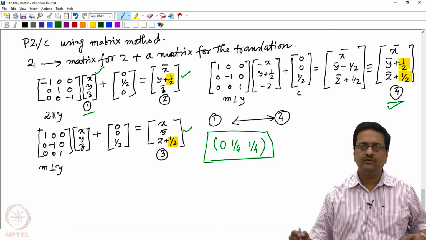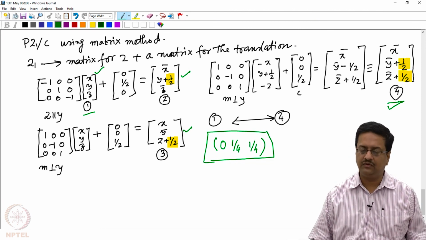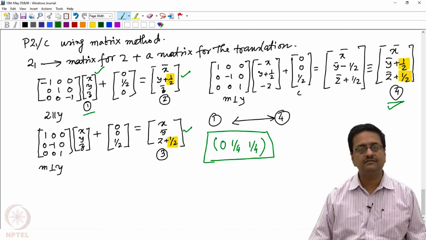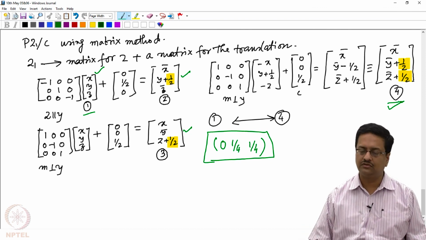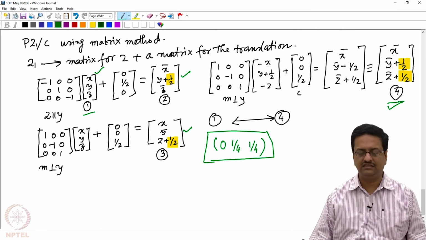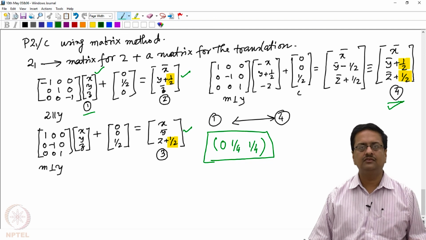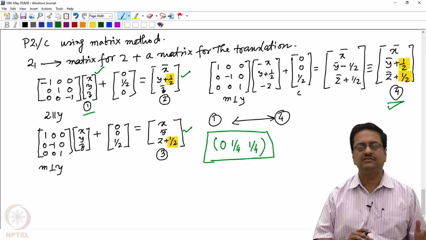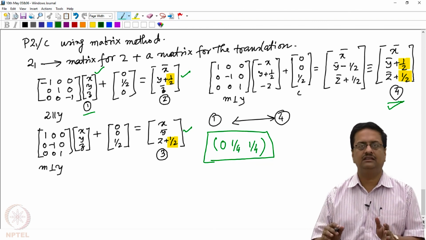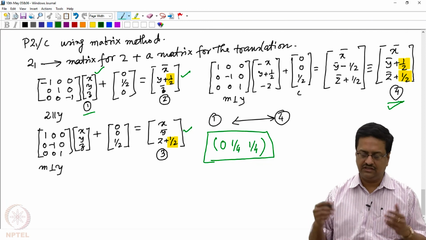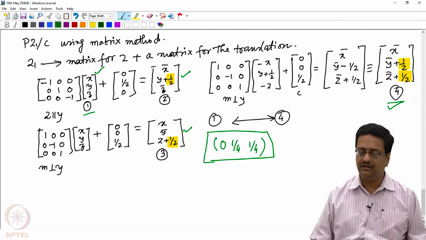So, with this we would like to conclude this lecture where we learned a few complicated things. For example, we have learned how to draw the space group diagrams for centrosymmetric and non-centrosymmetric systems. We have learned how to draw the space group diagrams where we do not have origin shift and centrosymmetric, and then we have learned how to do it for centrosymmetric with origin shift as well.